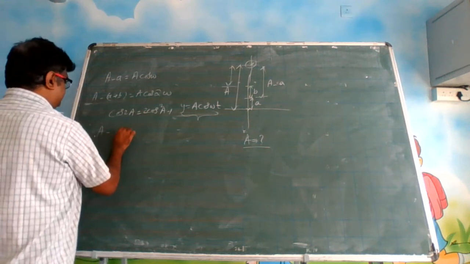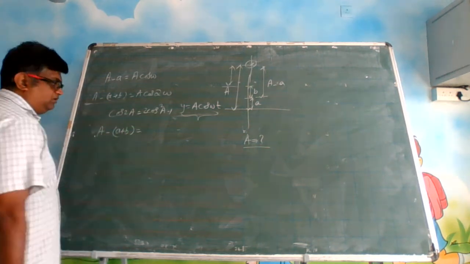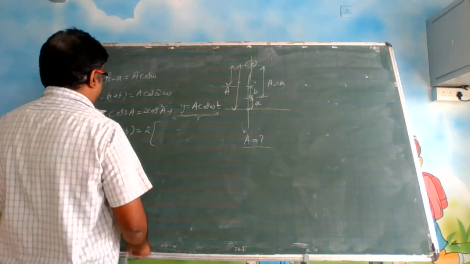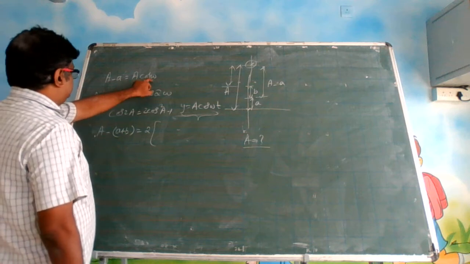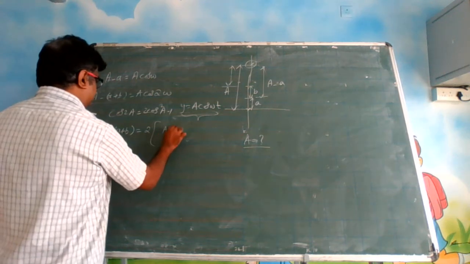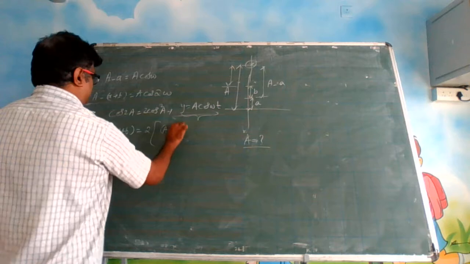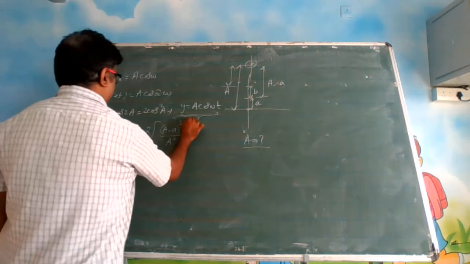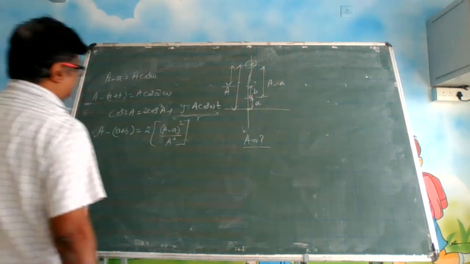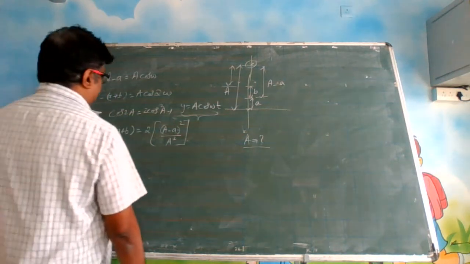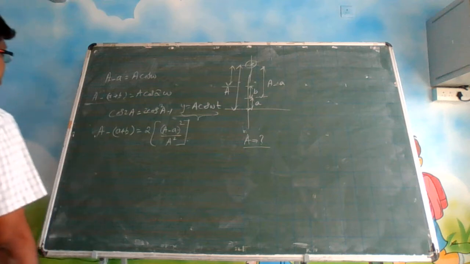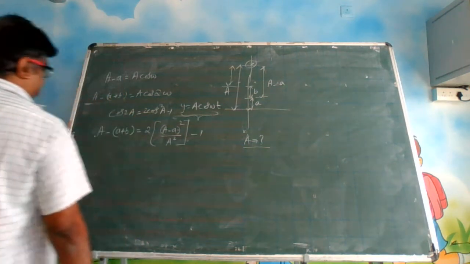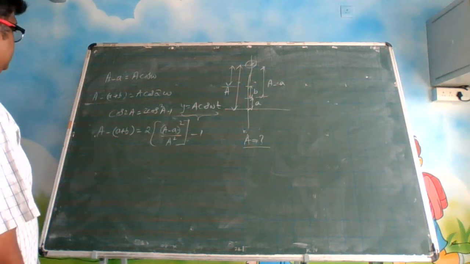A minus a plus b is equal to 2 multiplied by cos square omega, so it is A minus a whole square divided by capital A square. Isn't it? Okay. 2 into A minus a whole square divided by capital A square, that is your cos square omega, minus 1, right?